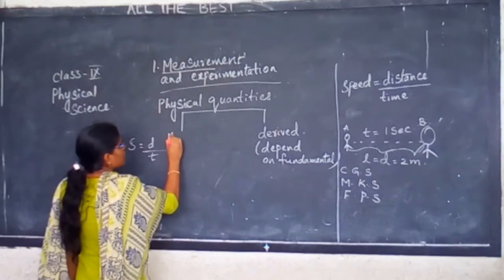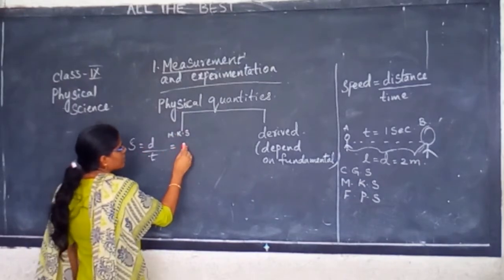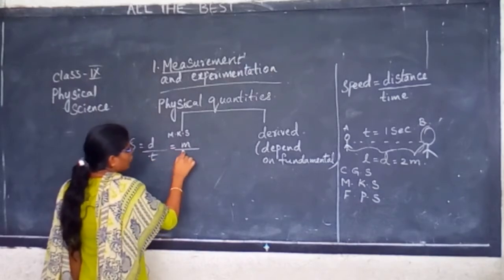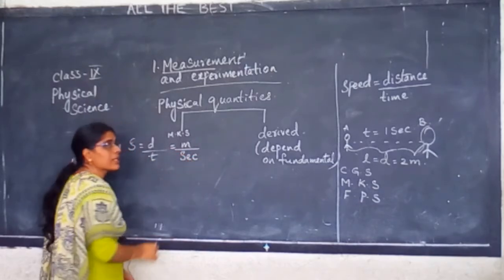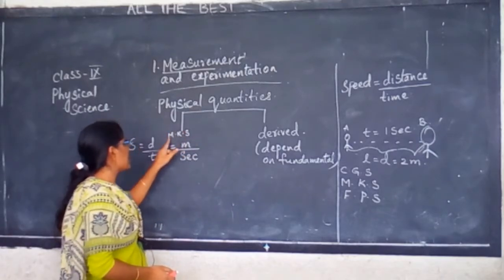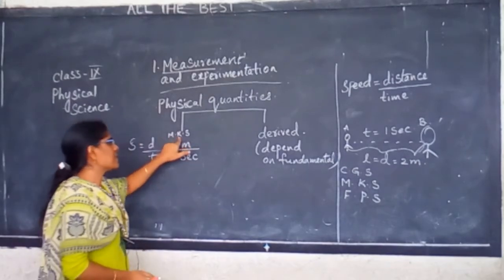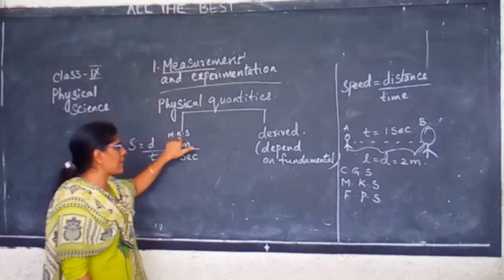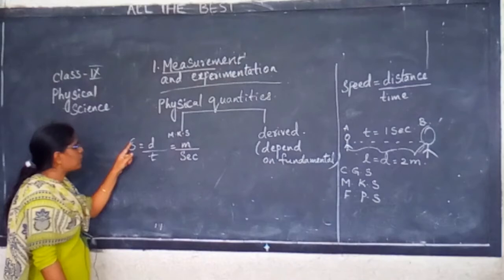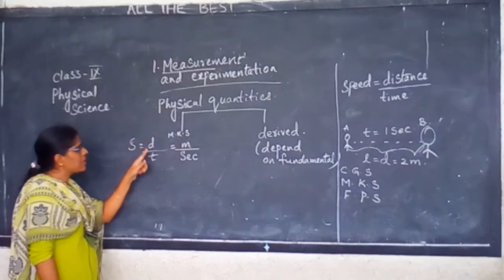Distance in MKS system, let us see. Distance, how do we measure? Meter. By time, we always measure in seconds. Yes or no? Meter. In MKS system, length is always measured in meters. Mass is always measured in kilograms. Time is measured in seconds. Now according to the formula, speed equal to distance by time.